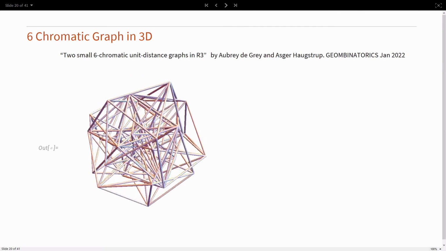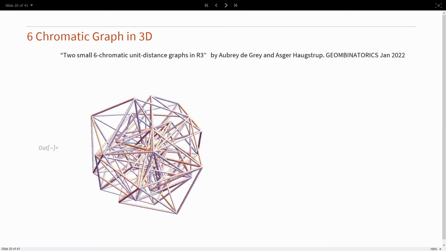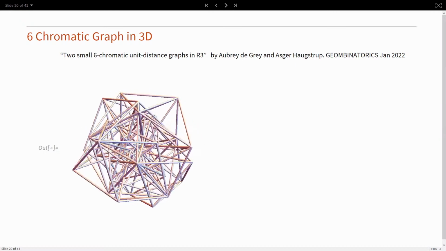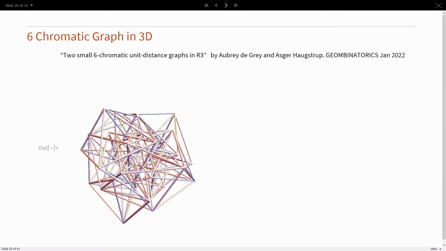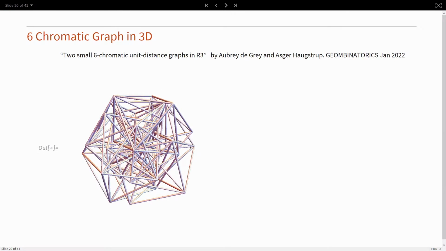This is a minimal known device for proving that 6 colors are needed for a 3D space. Whether there's a smaller object that will prove this result is unknown. So this is kind of the 3D version of the Moser spindle.